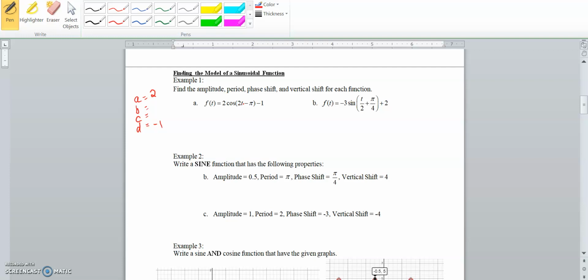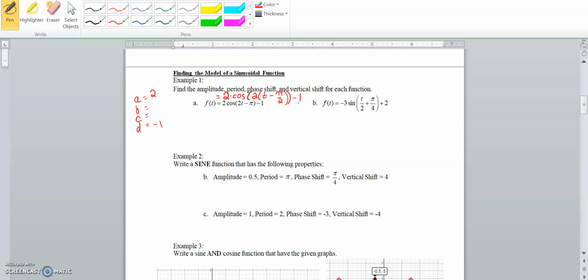So what we need to do is pull that 2 out of the parentheses in front of the t. 2 cosine of 2 parentheses t minus. Here's what we got to be careful: since I pulled the 2 out of the parentheses, we need to change the pi to just pi over 2. Set of parentheses minus 1.